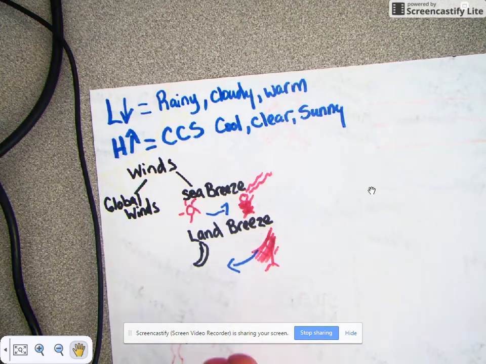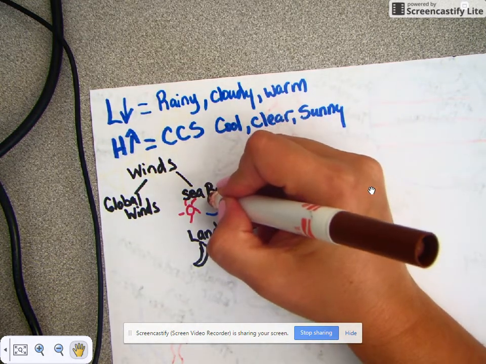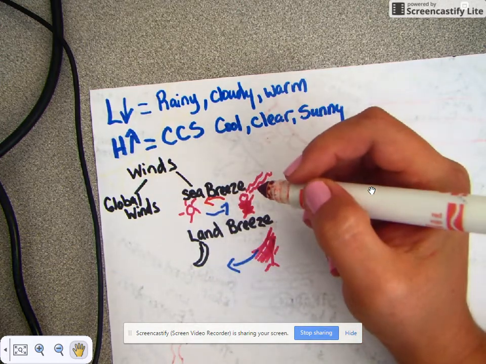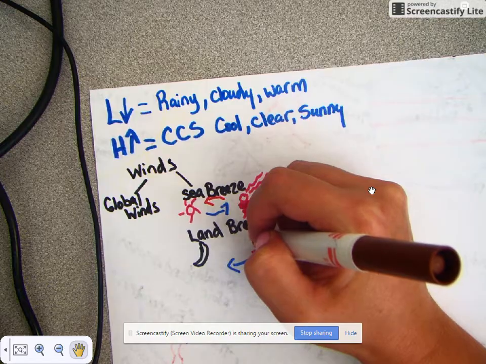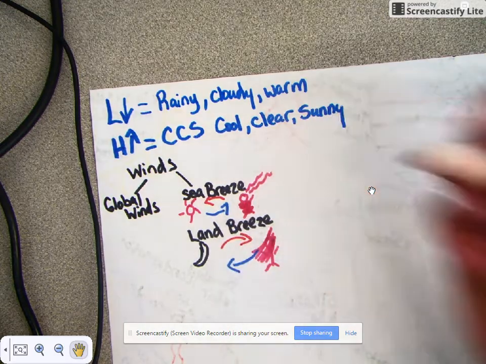Always the cold air is on the bottom because cool air sinks and hot air, thank you, Jenna, hot air rises. So if you were to draw this all the way, you'd have a hot air current going this way and a hot air current going this way. My bad. I almost did that the wrong way.